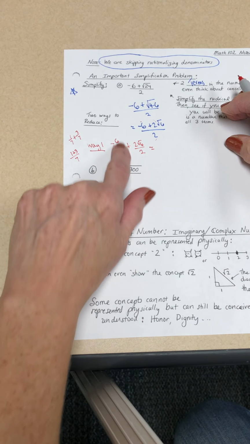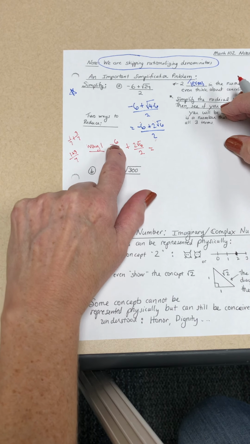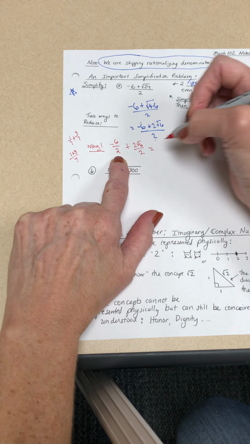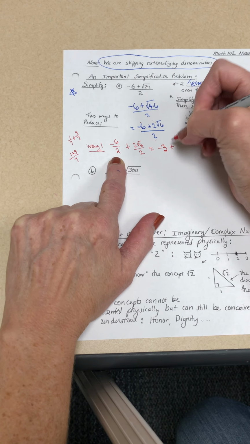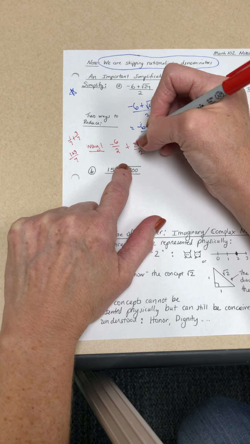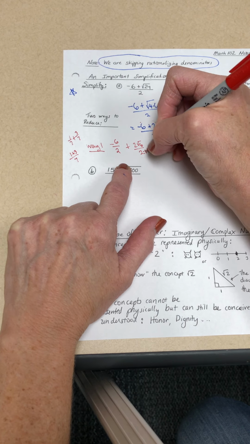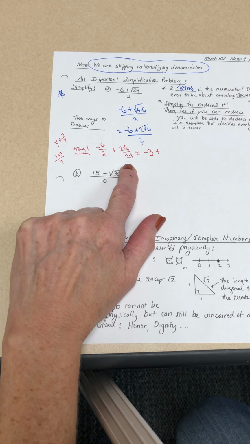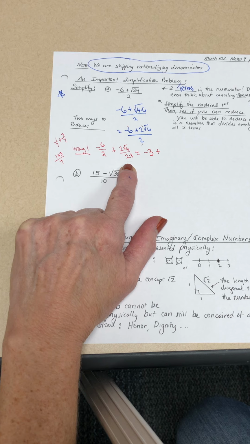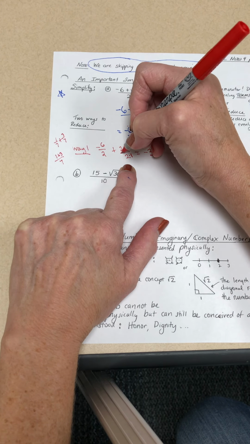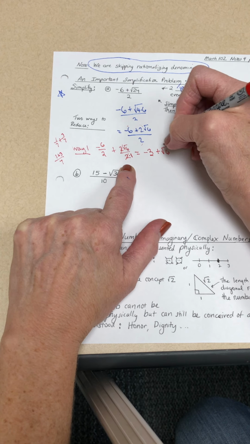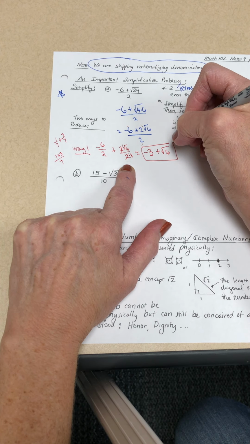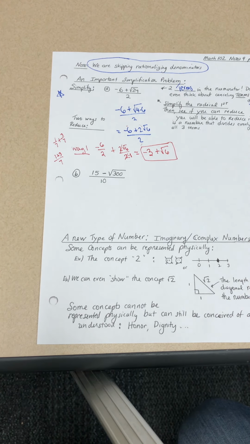Now, I don't have 2 terms in that numerator. I can go ahead and reduce. This fraction is just negative 3. And here, I don't have 2 terms in this numerator, and I can think of this as 2 times 1. So I have factors. When you're reducing a fraction, you can cancel identical factors, so I can cancel the 2's. So that's just negative 3 plus root 6. So that's way 1.